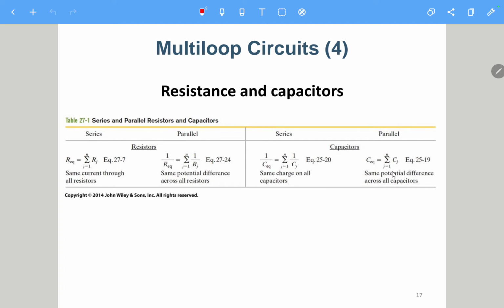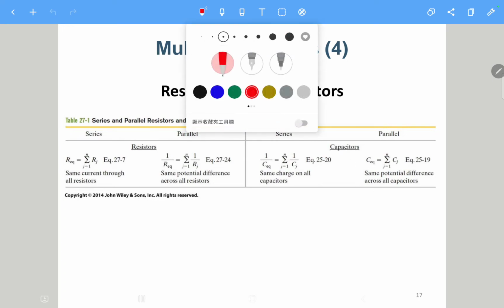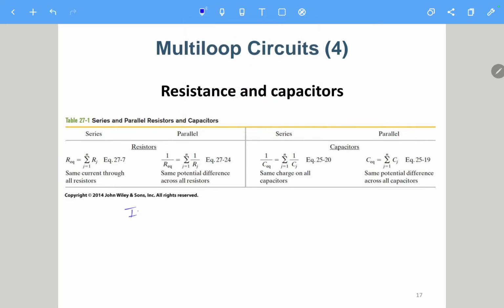Okay, so here we haven't talked about the inductance. If we have series inductance, then L equivalent will be the summation of Lj, j equals 1 to n.